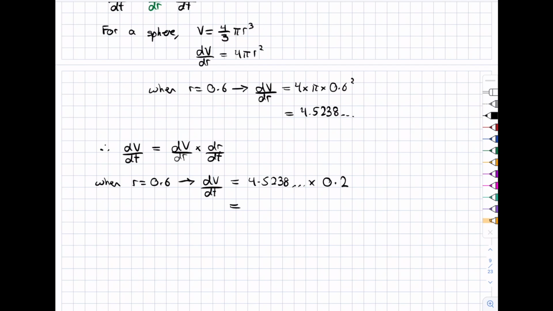And now I can just press answer times 0.2 on my calculator and get 0.904. And the question asks for it to one decimal place, so we get 0.9 cubic millimeters per second. Okay, and that's the end of that question.